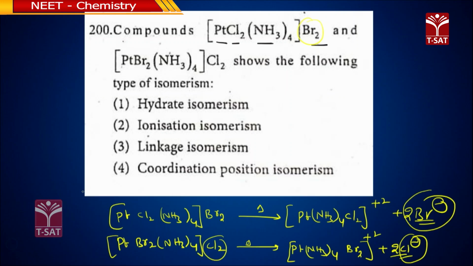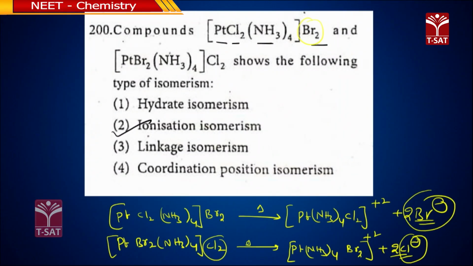Those complex compounds which give different types of ions upon ionization exhibit ionization isomerism. We know that complex compounds exhibit both structural isomerism and stereoisomerism. In structural isomerism, we have hydrate isomerism, ionization isomerism, linkage isomerism and coordination isomerism.